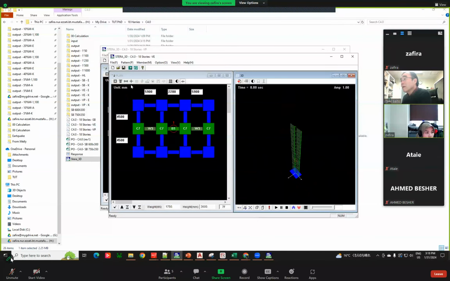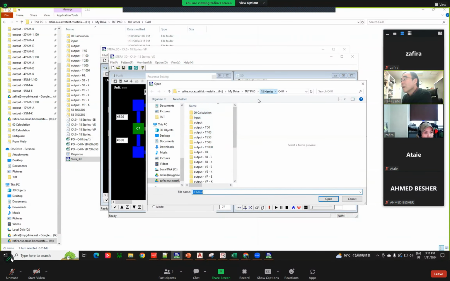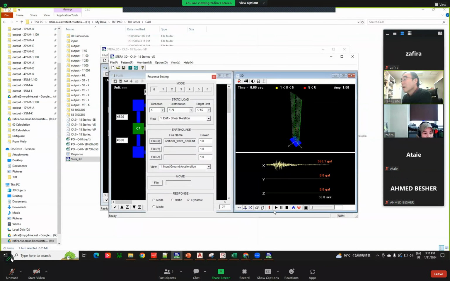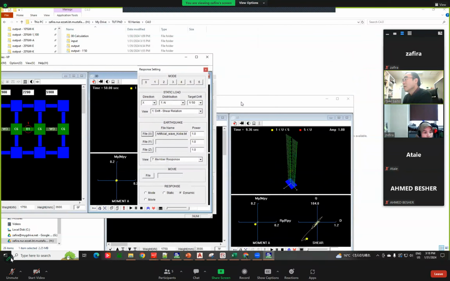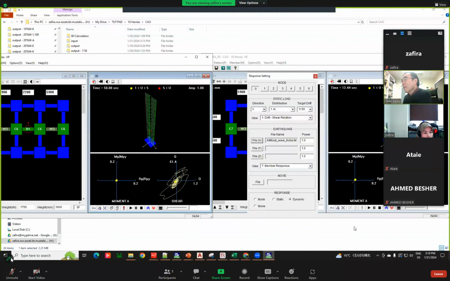This is viscoelastic. Okay. Something is strange. So with viscoelastic, the shear force is over 100, but viscoplastic is 60, 61.